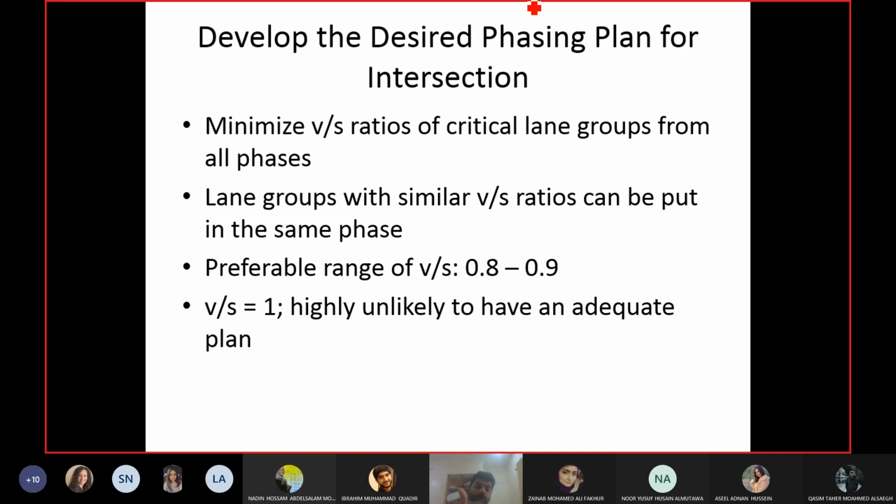So if your volume is reaching the saturation flow rate, then how can you design it? I need this V upon S ratio to be less than 1, so I can have red timing and yellow timing and all these things. If both these quantities become equal, the ratio reaches 1, that means I need 1 hour of green. I cannot have that, right? So most probably in that case you cannot have an adequate plan. Then you should try to change something, maybe change the number of lanes, change the phasing plan, or do something else.